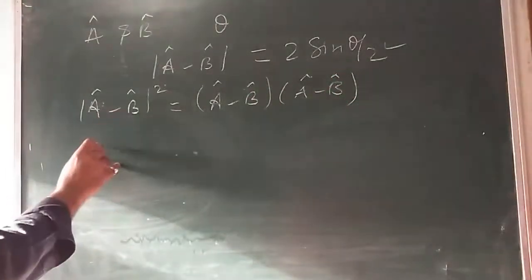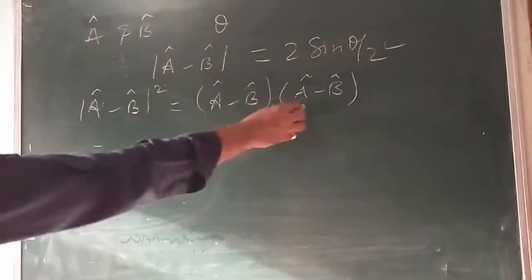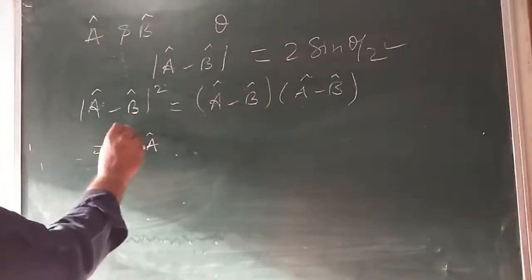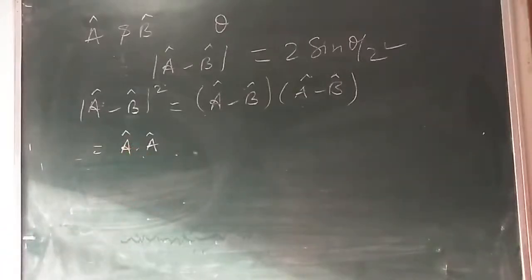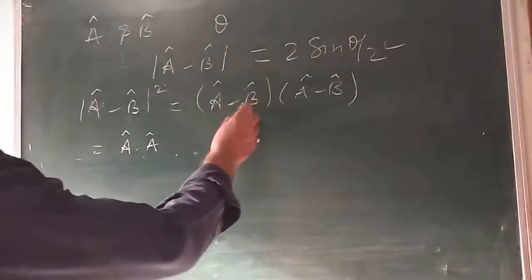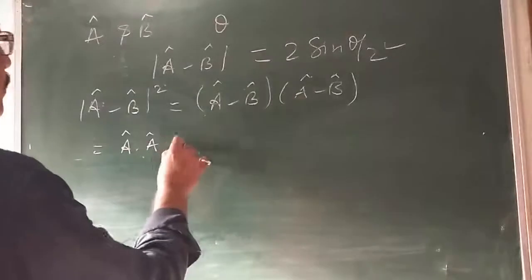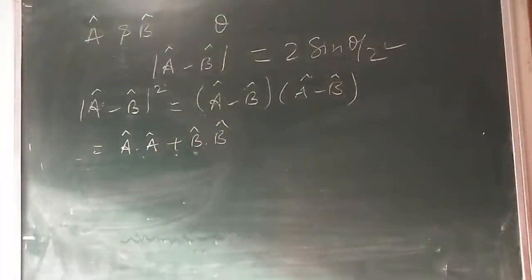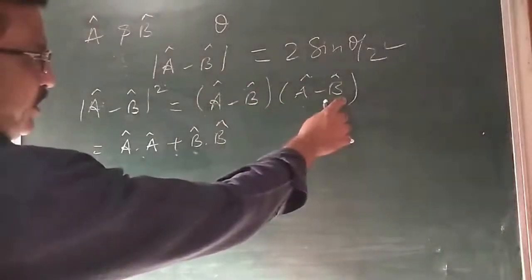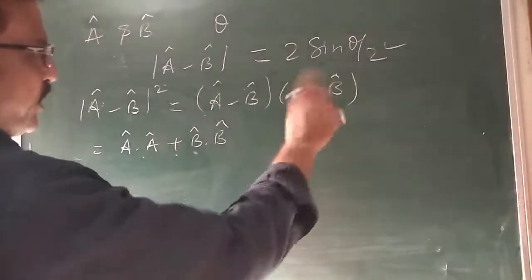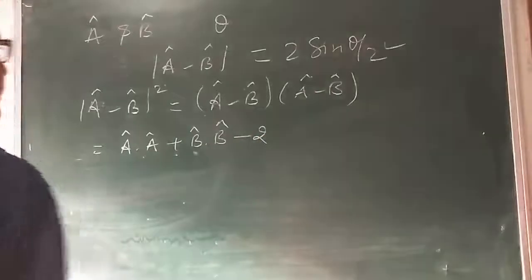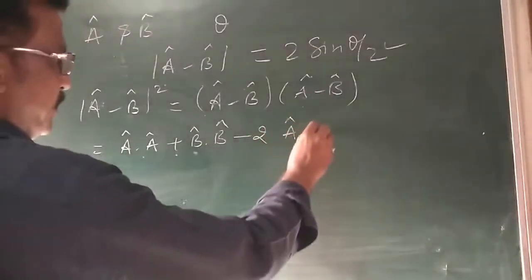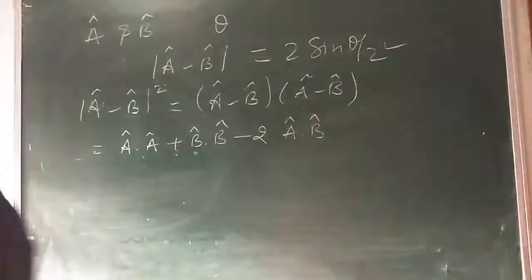So A minus B whole square, that is A dot A plus B dot B, plus B cap, B cap. Then A dot B or B dot A, both are commutative, I can write minus twice of A cap dot B cap. This you can solve easily.